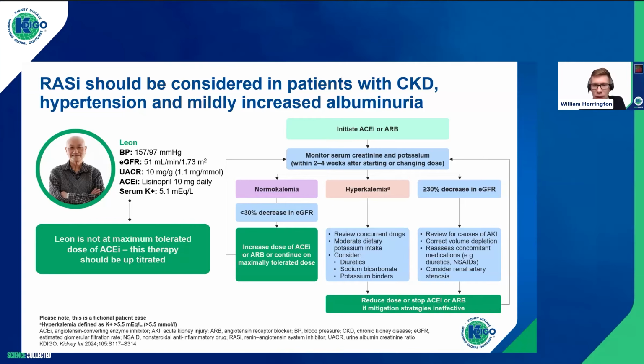And also renal artery stenosis might be a consideration, and you may want to investigate that. And we've already talked about how you'd manage the hyperkalemia if that developed. You would try and find methods to mitigate against it continuing to rise, but try to retain the patient on the current dose of a RAAS inhibitor. So useful practice point.